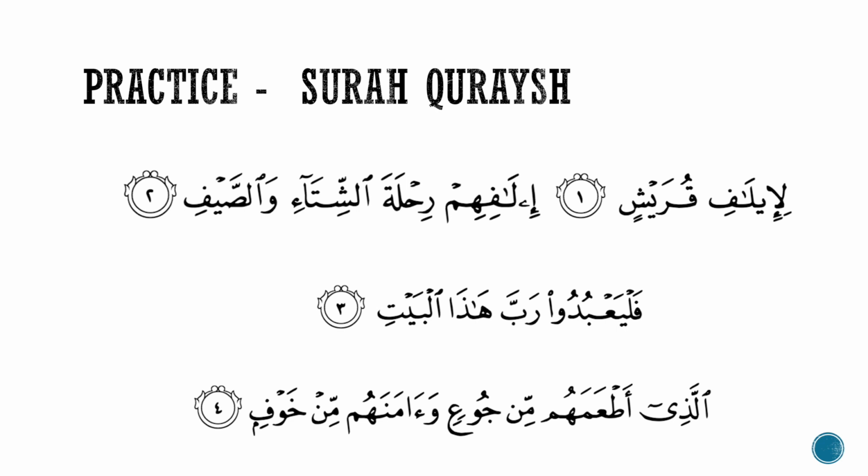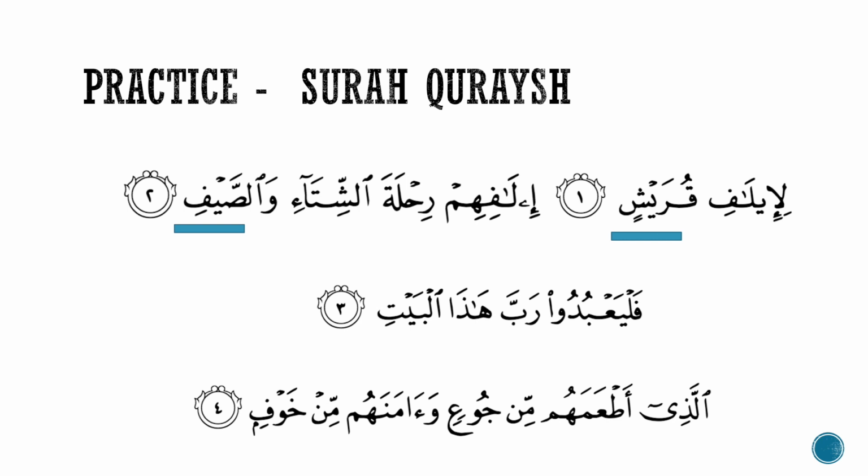So we can see لِإِيلَافِ قُرَيْشٍ. So there is a huruf leen, ya sakina, preceded by a fatah, followed by the letter sheen on the last letter, which makes it mad leen. إِيلَافِهِمْ رِحْلَةَ الشِّتَاءِ وَالصَّيْفِ.